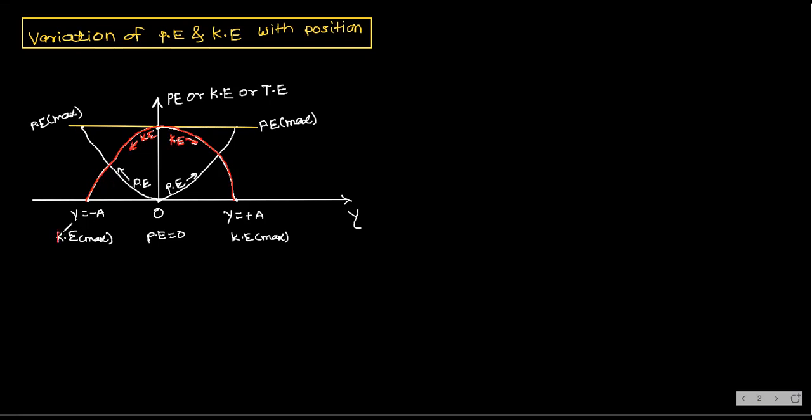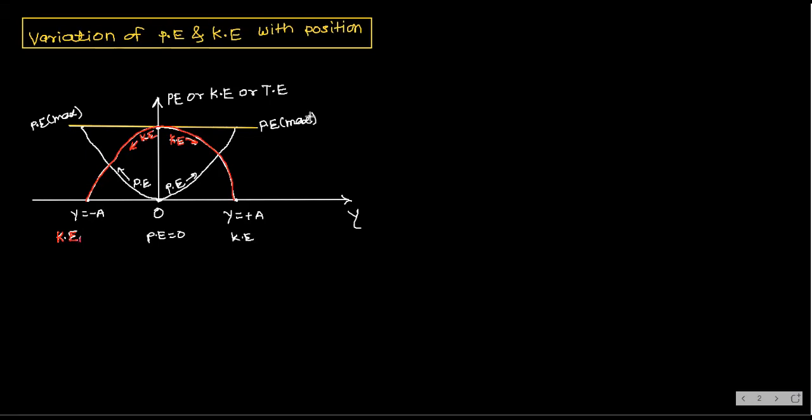And here also kinetic energy maximum. Oh, where? Here it is maximum. Here should be zero now. One minute. Here should be zero, because velocity is going to be zero now.